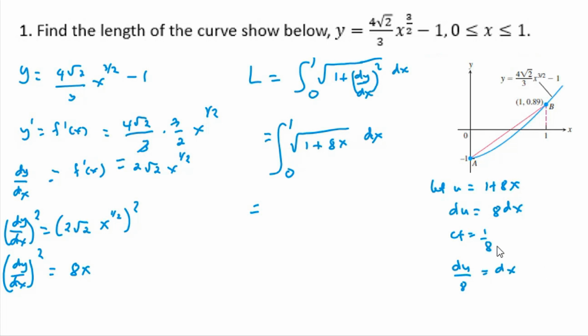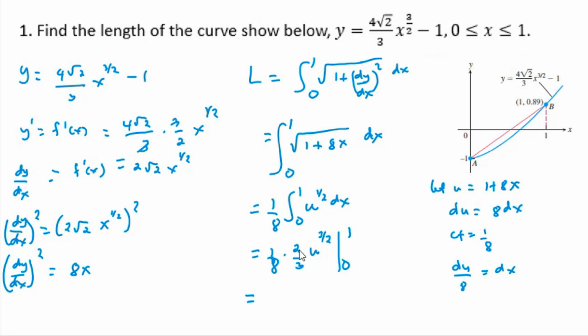Writing the coefficient factor 1/8 outside the integral, we have the integral of u raised to 1 half, du. Taking the integration, we have 1/8 times u to the power of 3 halves over 3 halves, or 2/3, evaluated from 0 to 1.